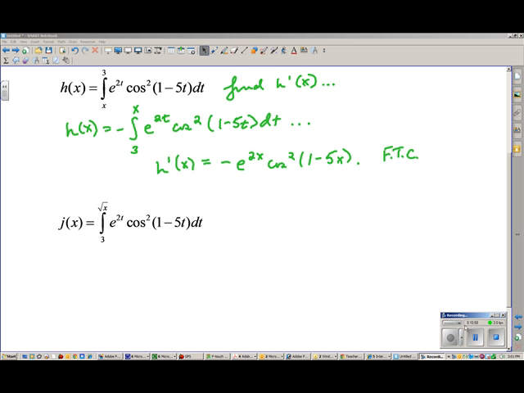I don't have it from x to 3, but rather I've taken and messed it up in a sense by going from 3 to not x but radical x. And our instructions here would be much the same as the previous ones. This time the instructions would say find j prime x.